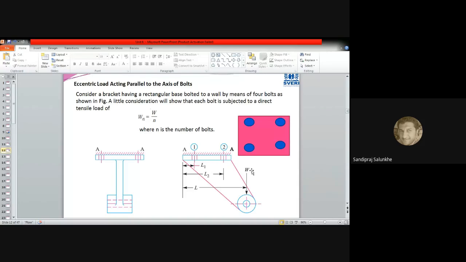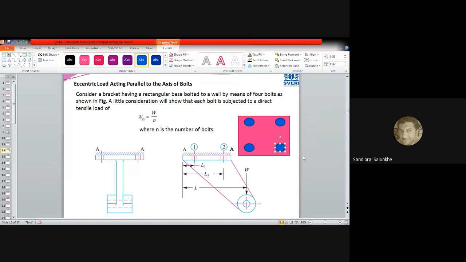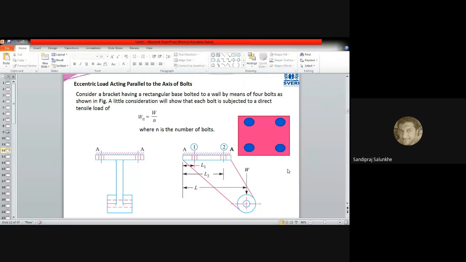So how do we calculate the stress induced in the bolts? We have to calculate the maximum stress induced in any bolt 1, 2, 3, 4, that is, the maximum shear stress, and take that for the calculation.